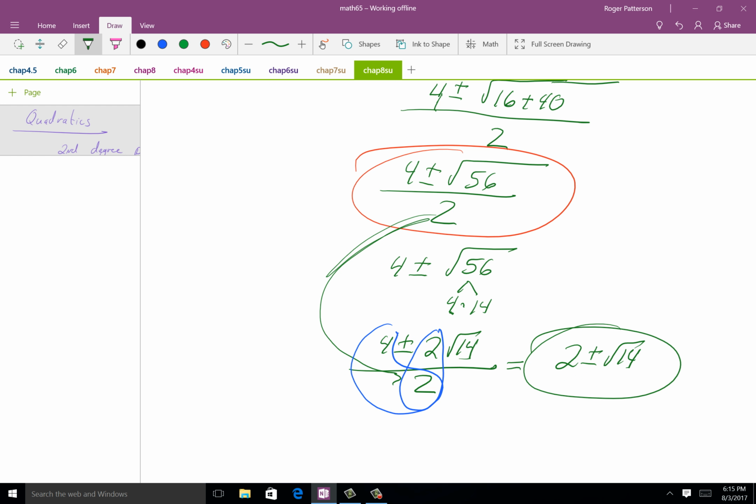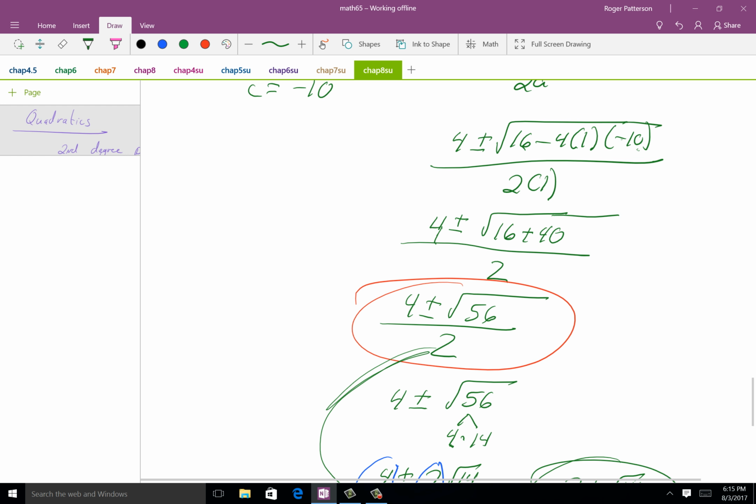I want to see if this works. So parentheses 4 plus square root. I've got to find the square root.